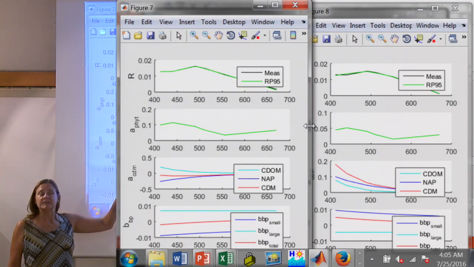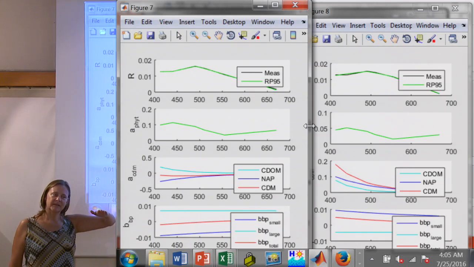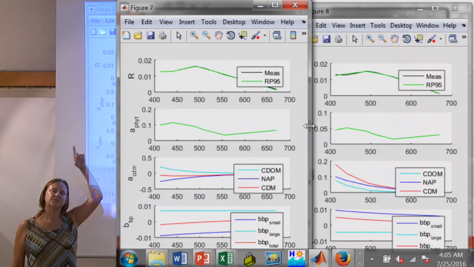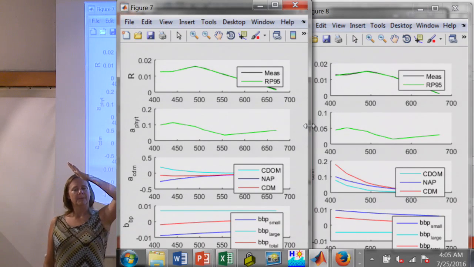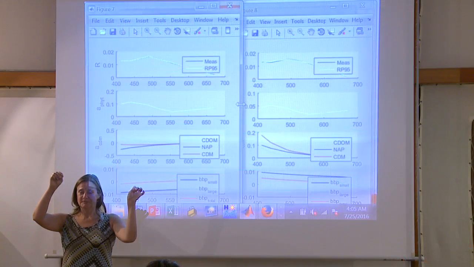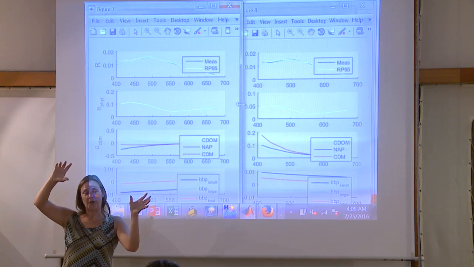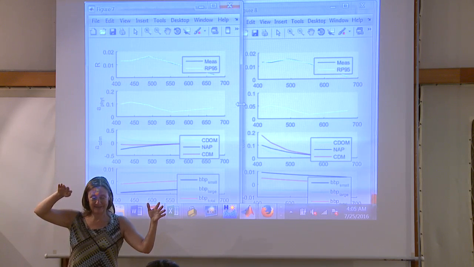So I could interpret it these 2 ways. There's probably some detrital matter in the water. But because it has a slope like this, and because the shape of the phytoplankton curve might, if you looked at the blue to red peak ratio, maybe the actual one is lower, but because the eigenvector we put in had a high slope, that encapsulated all of the CDOM that maybe is in there.